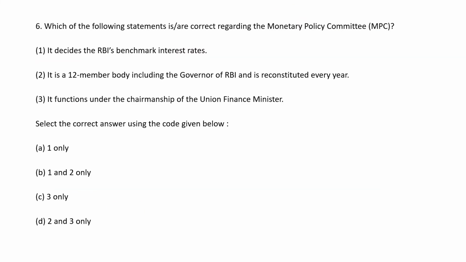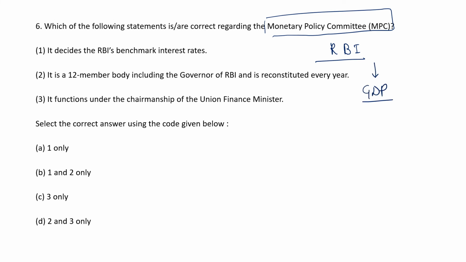Next is which of the following statements is correct regarding the Monetary Policy Committee? This Monetary Policy Committee has been set up with the aim of checking various policies so that analysis can be done. There are 6 members in this Monetary Policy Committee, and here the RBI needs to check what the GDP is at that time and, let us say, the accommodative stance.